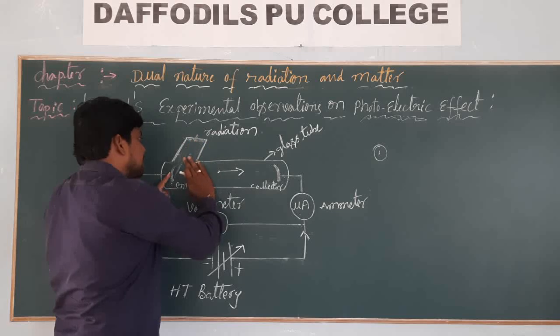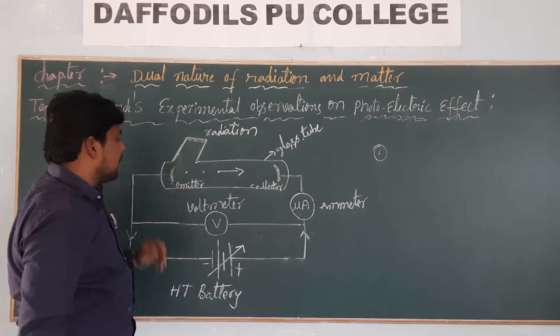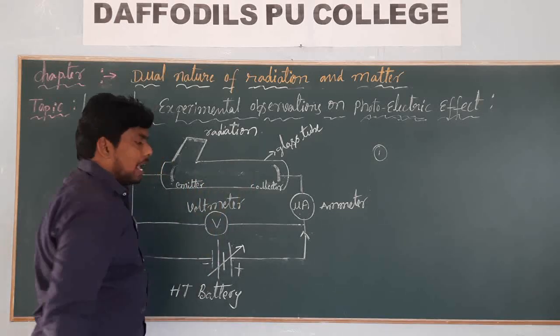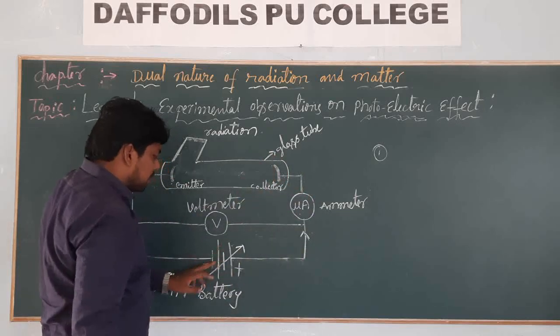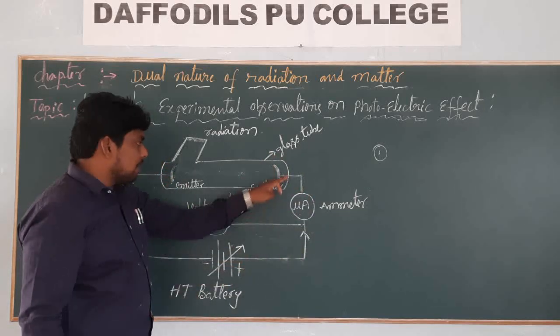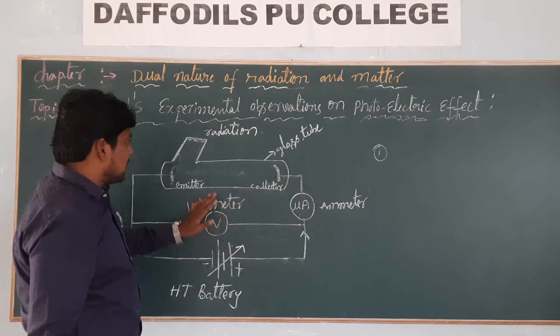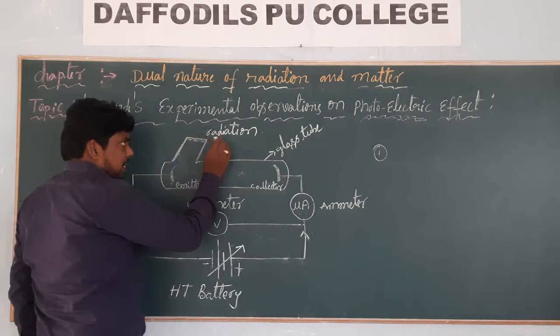The first observation is when radiation is not falling on the emitter plate. He has connected the battery, negative terminal to the emitter, positive terminal to the collector, with the microammeter and voltmeter. In this experiment he has taken UV rays.